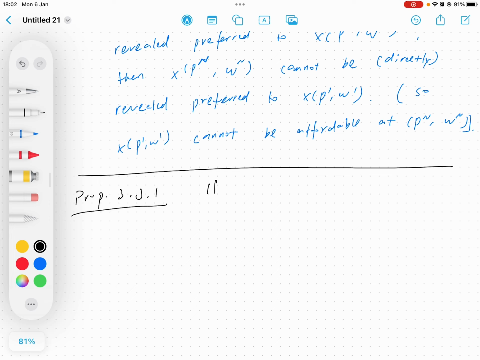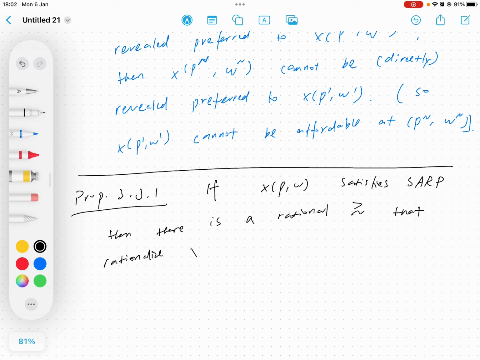We say that if a wealth and demand function X(P,W) satisfies the strong axiom of revealed preference, then there is a rational preference relation that can rationalize the wealth and demand.